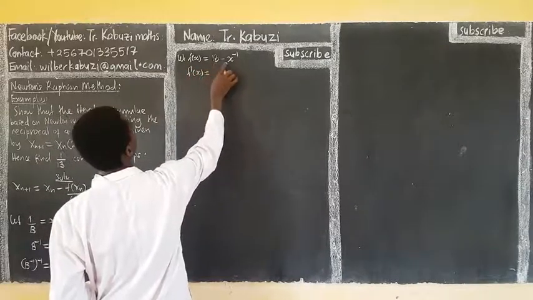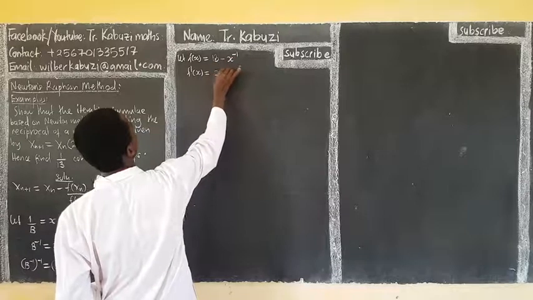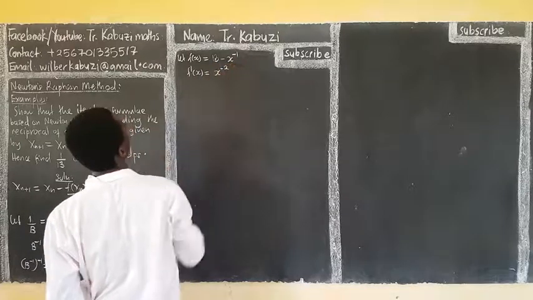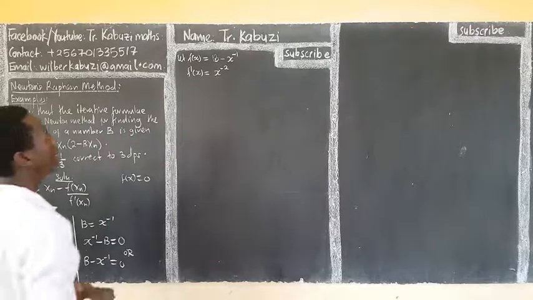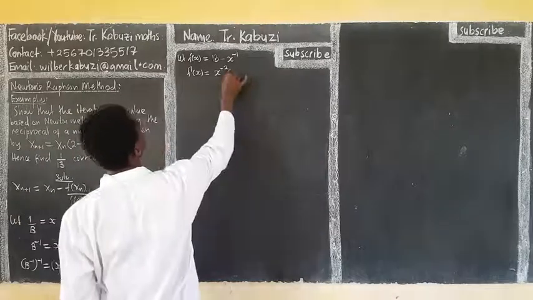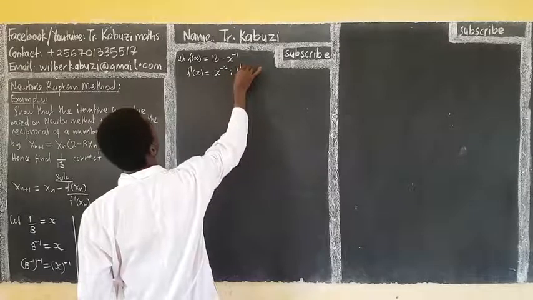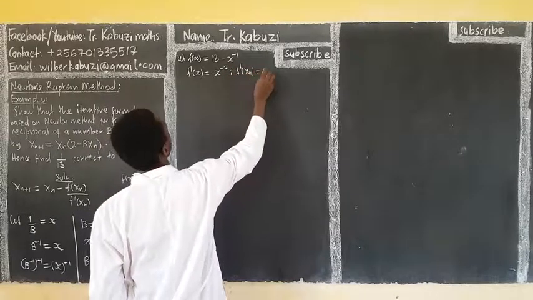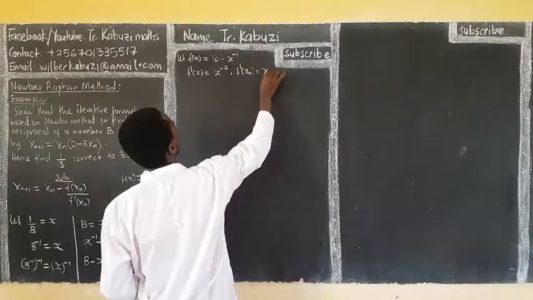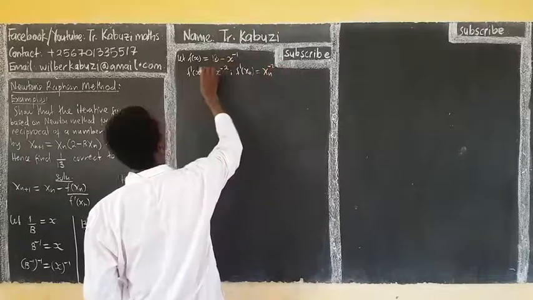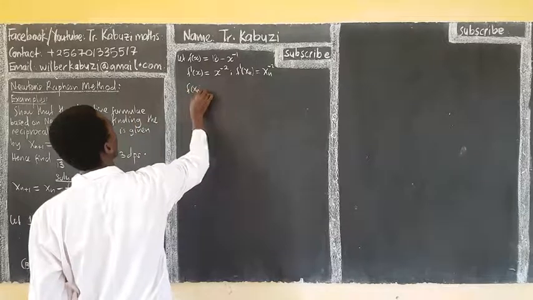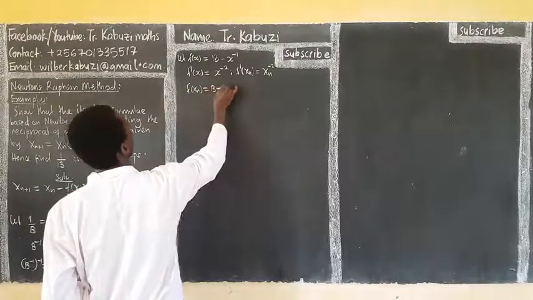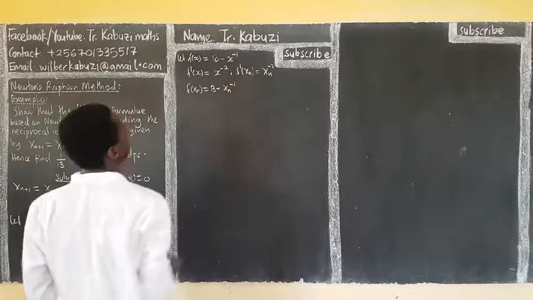When you differentiate, the b gives us 0, and the x power negative 1 we lower the power, which will give us a positive there. Now, when I evaluate the derivative at xn, I'll be having xn power negative 2. When I evaluate my function at xn, it is going to be xn power negative 1 minus b.